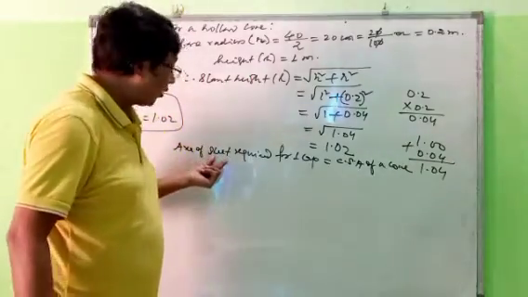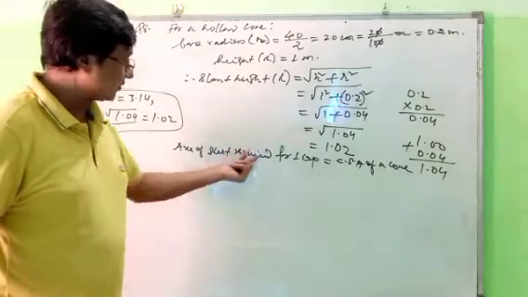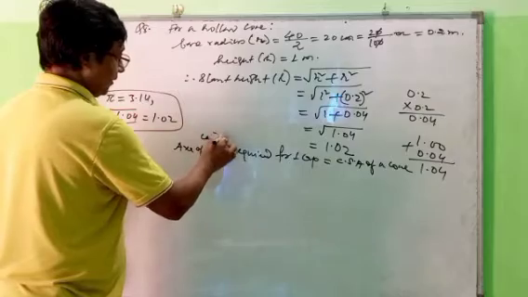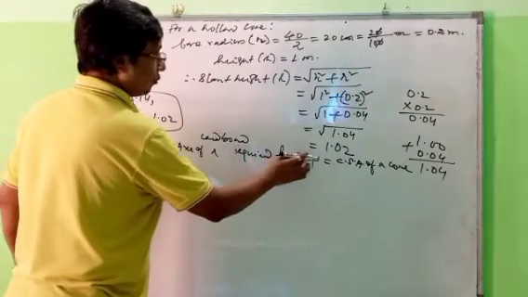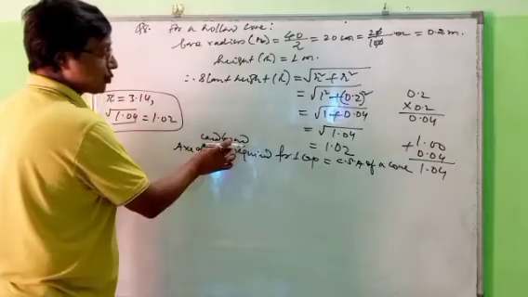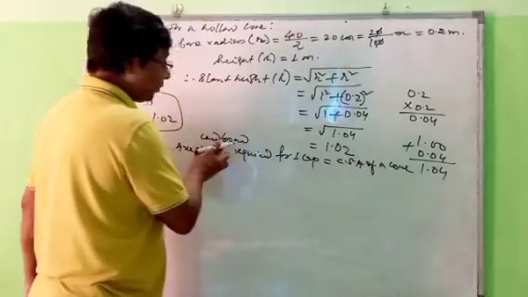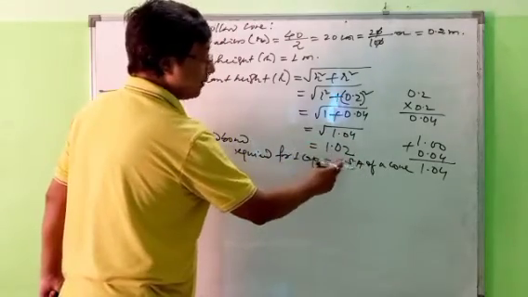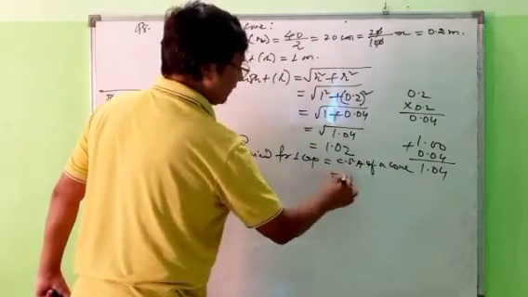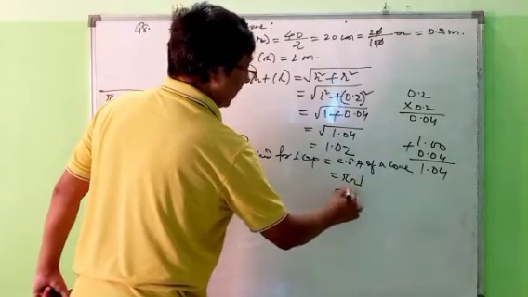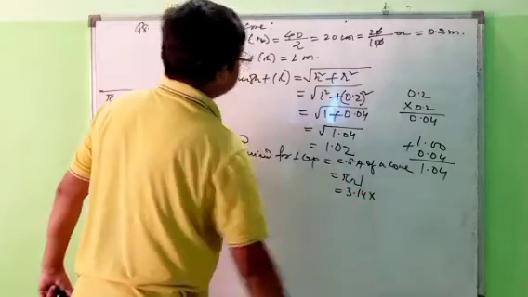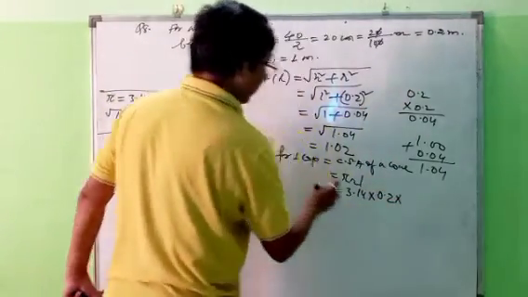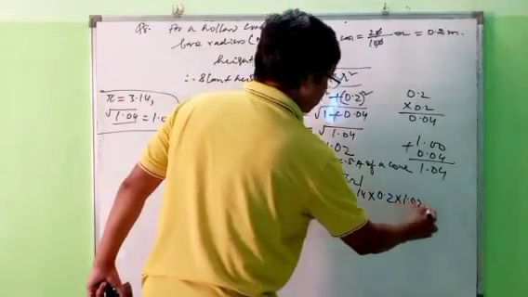You are finding the area of cardboard required for one cone, and the cardboard is used only on the curved surface part. That is why you found the curved surface area, given by pi r l. So pi is 3.14 into radius 0.2 into L, which is 1.02 meter square.